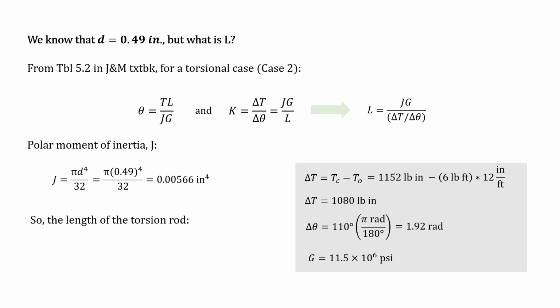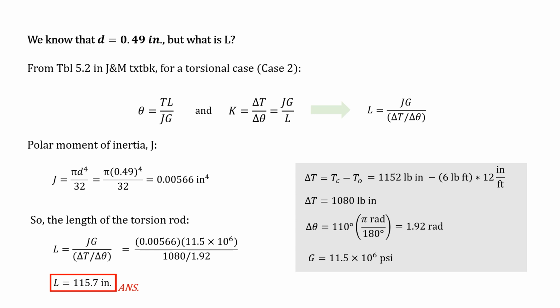So now we have all our values, and we can actually sub into that equation derived from table 5.2. So we sub in all of our values right here, and you have your final answer for part A, which is that your length is 115.7 inches, and then obviously your diameter is 0.49 inches.